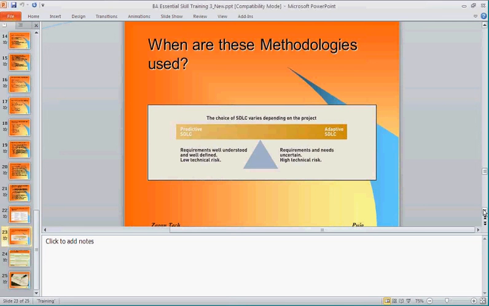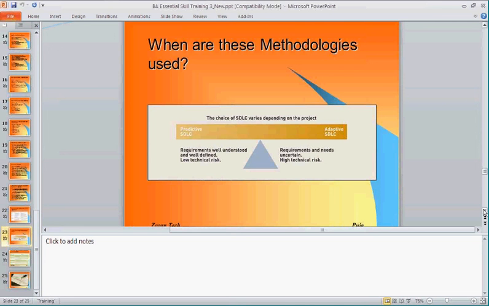Are we looking for a predictive or traditional methodology, or we want something that is adaptable, right? Now when we say predictive or traditional, we are talking about low technical risk. The company does not want to take any risk where project scope, timeline, or budget are concerned.